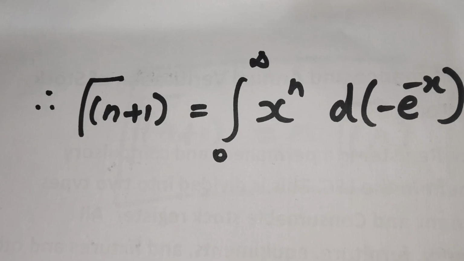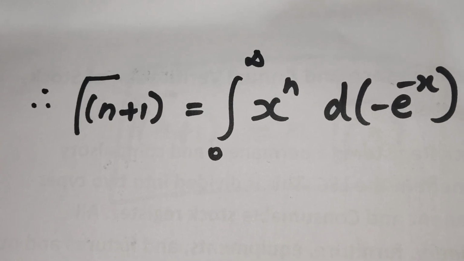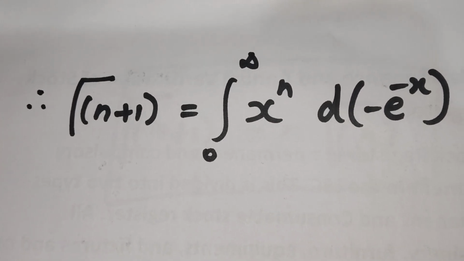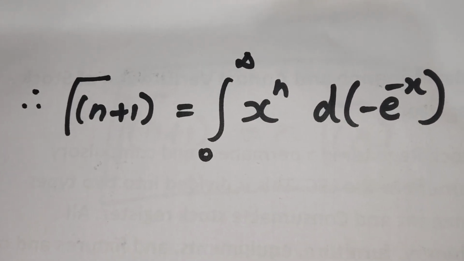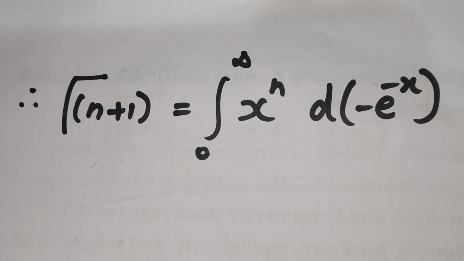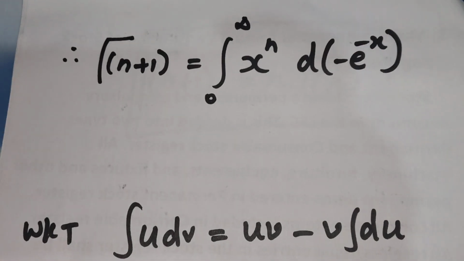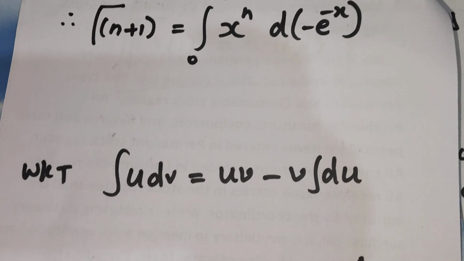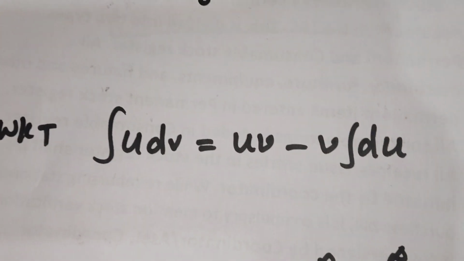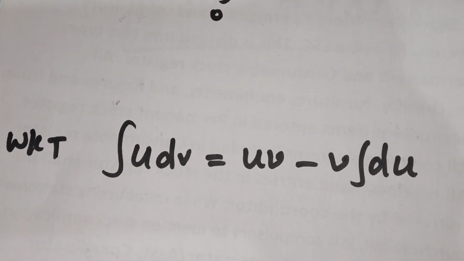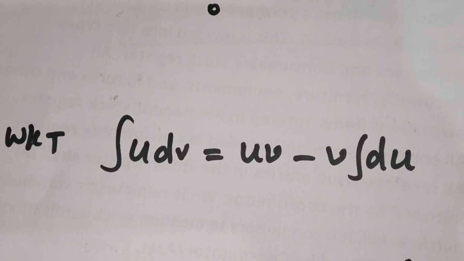Therefore, gamma of n plus 1 is equal to integral 0 to infinity x power n d of minus e power minus x. By using integration by parts, we know the formula that integral u dv equal to uv minus integral v du.